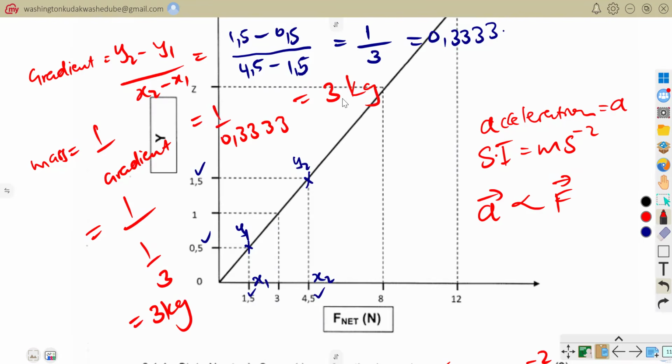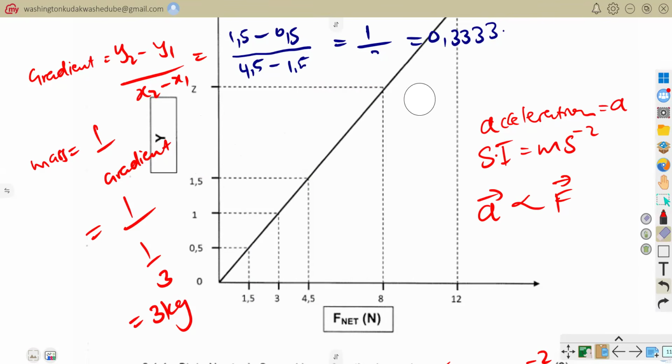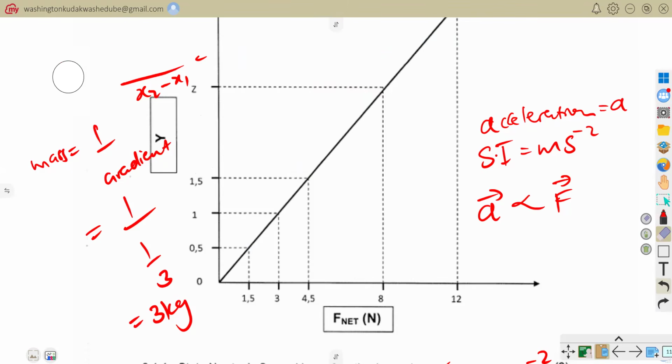Let's use our calculators to actually verify those answers. So that is how you would have determined your answer. So we have agreed that the inverse of the gradient of the graph of acceleration against force gives you your mass.